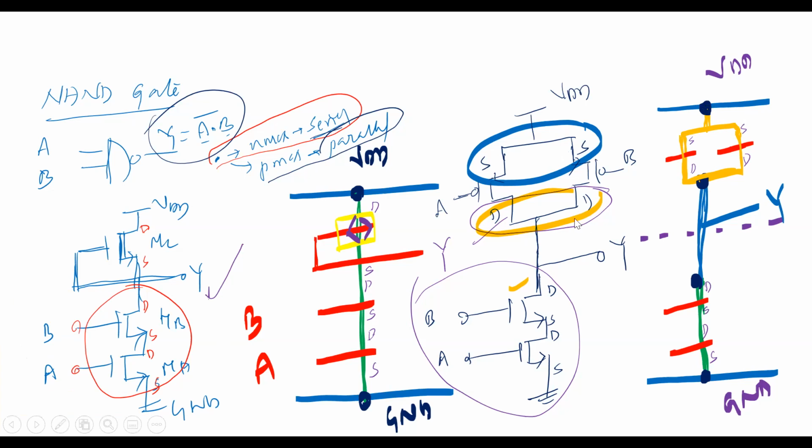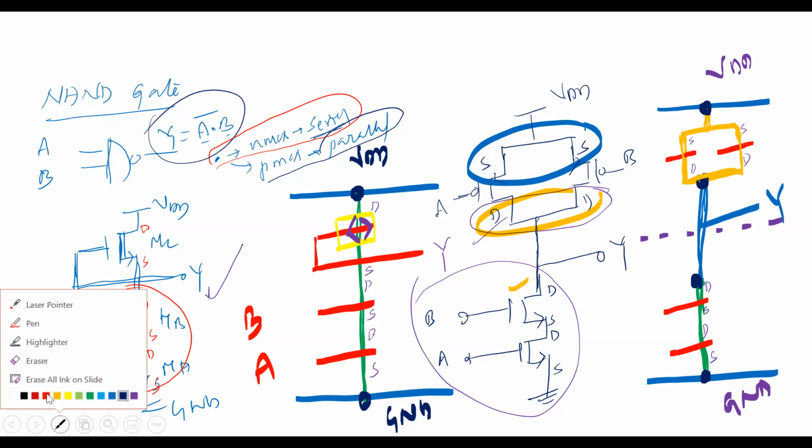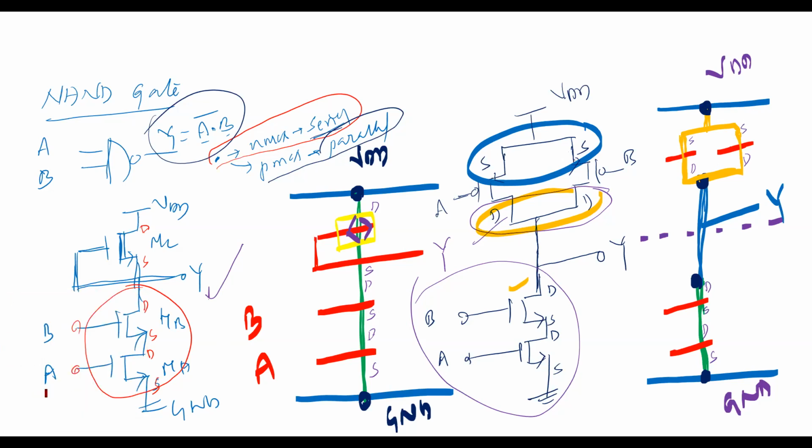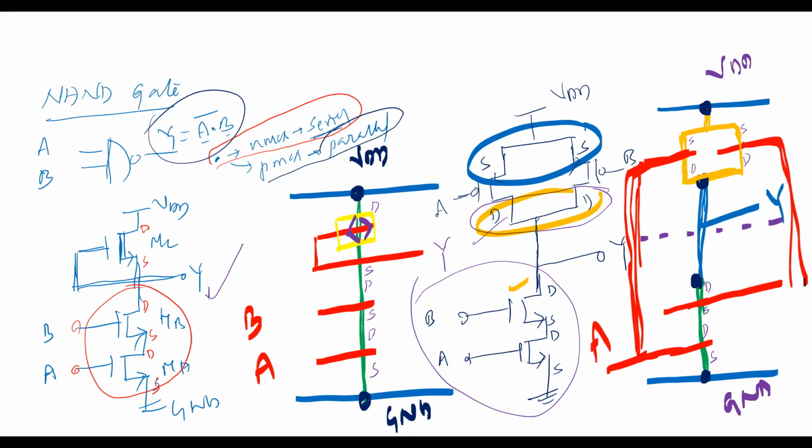Now I think you can join both A transistors, so I will take this one. Don't worry, this is the A transistor. So both the transistors you can join, like this. This is the A, and these two join, and take the B. Got my point, students?